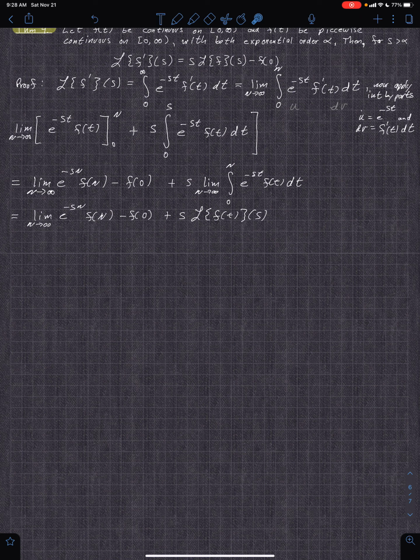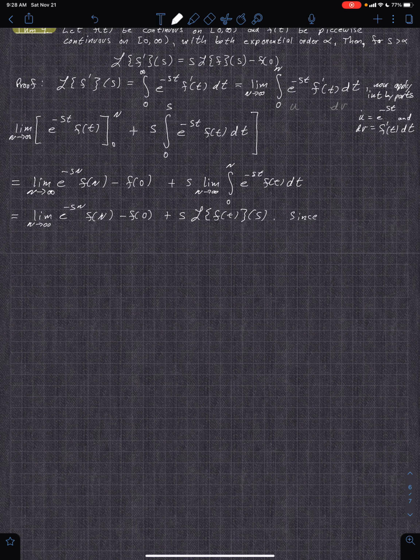Okay, so then we want to investigate what this limit does. And so we know that f of t is exponential order. So we want to basically create an inequality.